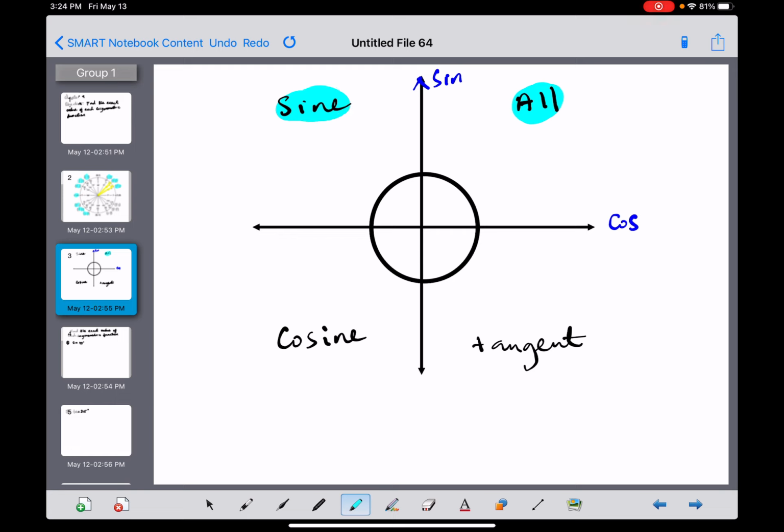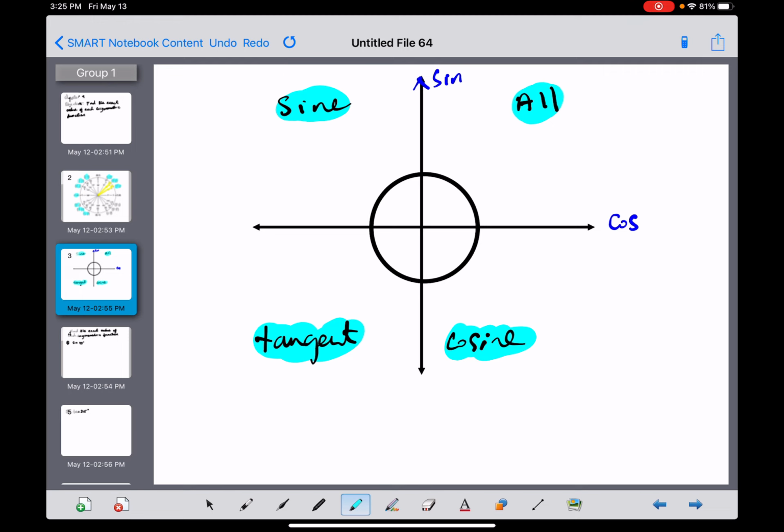Sine in the second quadrant, only the sine function is positive in this quadrant, okay? And then the third quadrant, only, this is wrong. It's tangent right here and cosine right here. The third quadrant only tangent is positive, and then the fourth quadrant only cosine is positive, okay?